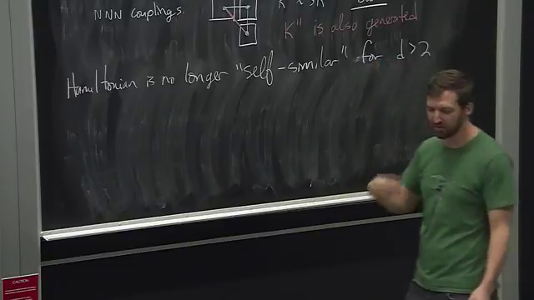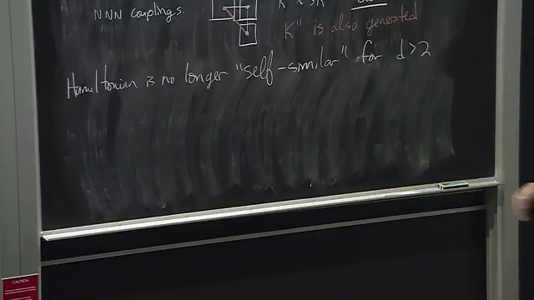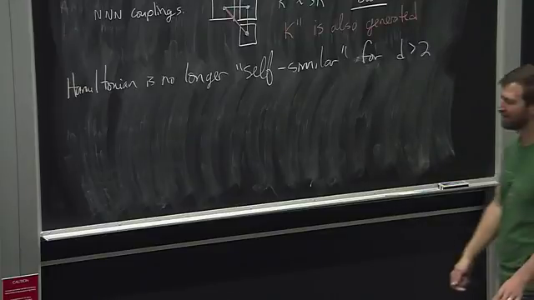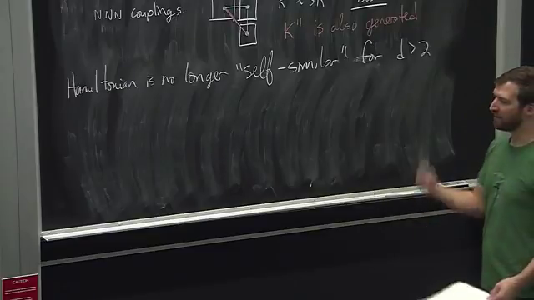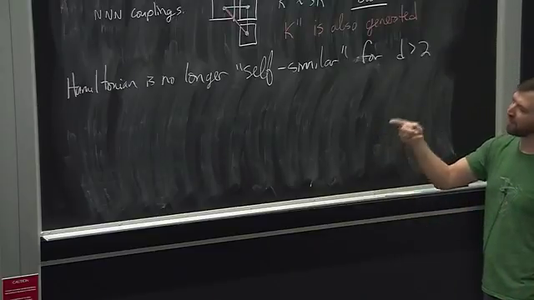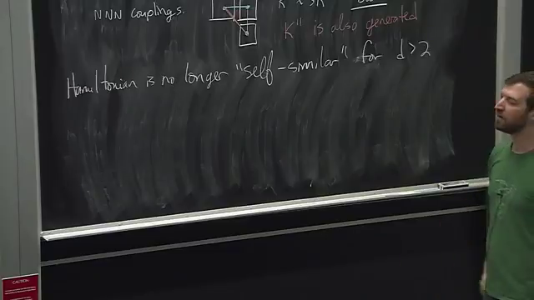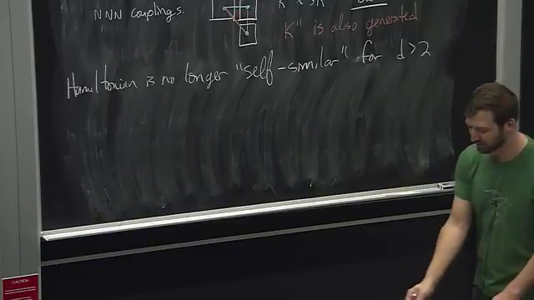And as you keep iterating in higher dimensions, you'll actually just generate all interaction parameters consistent with all the symmetries. So you'll get K triple prime, and all these different Ks. And at some point, your Hamiltonian becomes long range, and it doesn't make any sense. You can't do this type of analysis anymore because you've generated all those couplings.